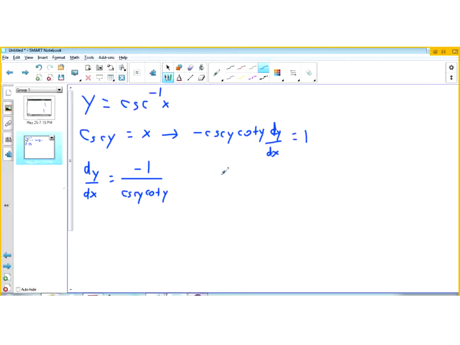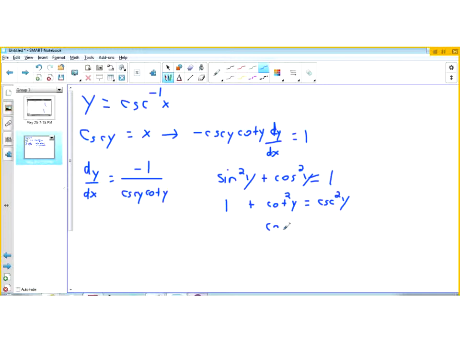How do we do that? From trigonometry, we have sine squared y plus cosine squared y is equal to 1. Now if I divide both sides of this equation by sine squared y, I'll have 1 plus cotangent squared y is equal to cosecant squared y. Okay, so that's an important trig identity.